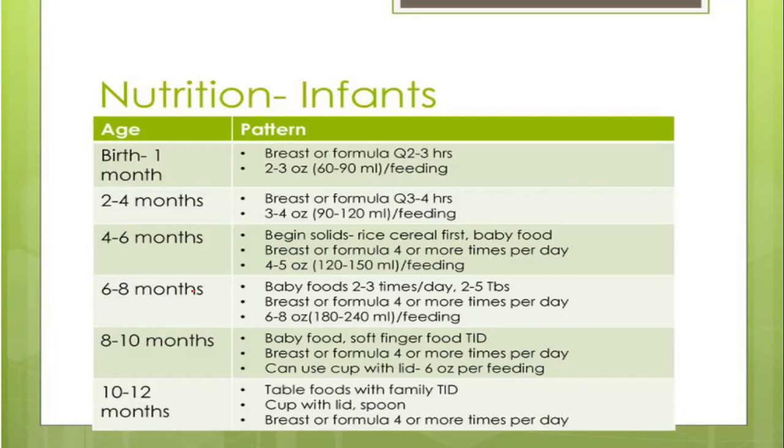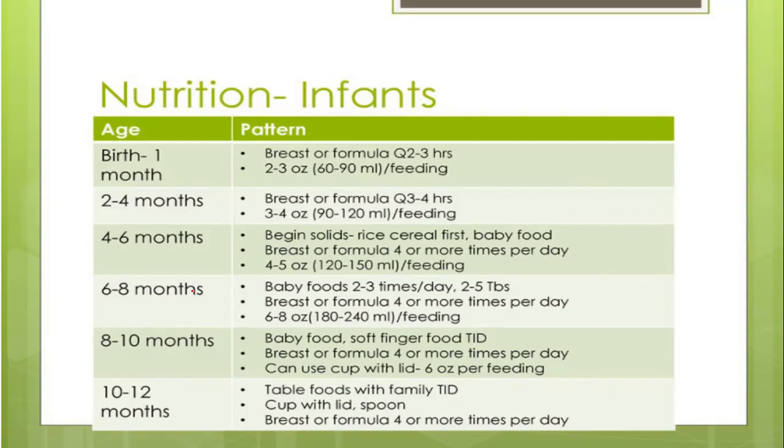And from 8 to 10 months, they usually have baby food and soft finger food 3 times a day. That's what TID means, okay? And they have breast or formula four or more times per day, and can use a cup with a lid of 6 ounces per feeding.